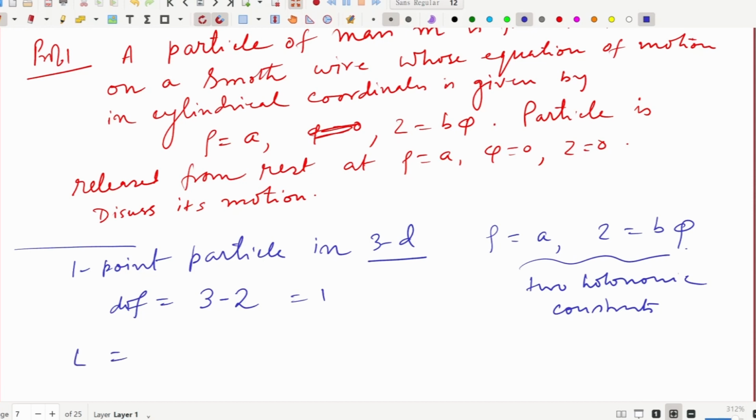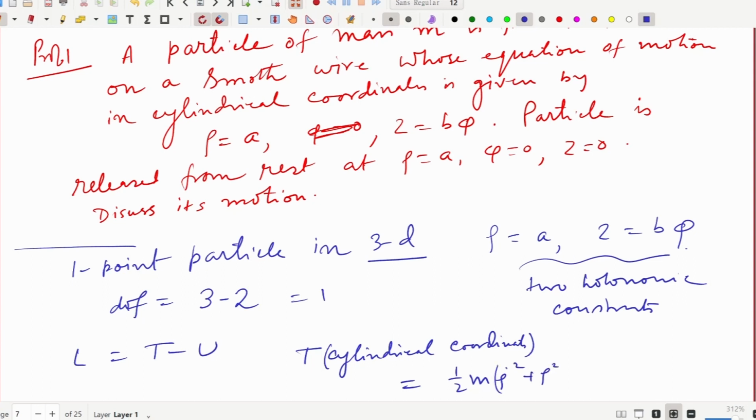The Lagrangian will again be T minus U. T in cylindrical coordinates, where the coordinates are rho, phi, z, will be half m times rho dot square plus rho square phi dot square plus z dot square.